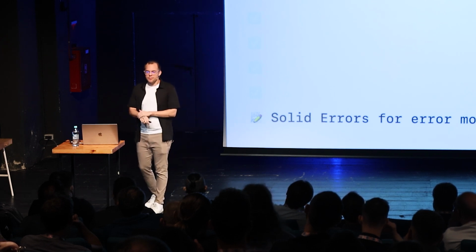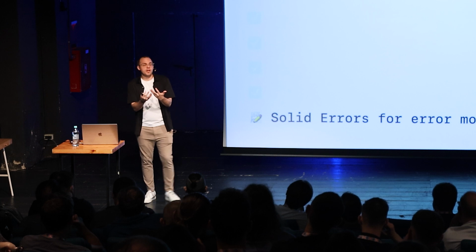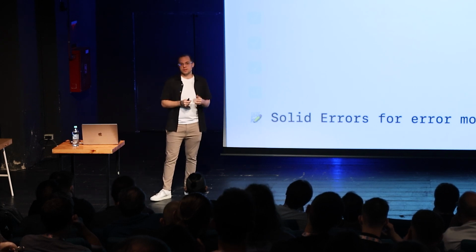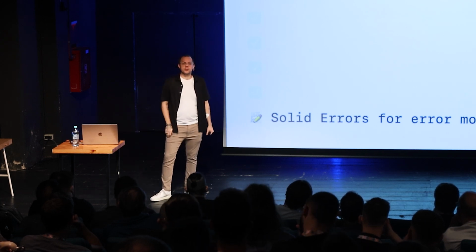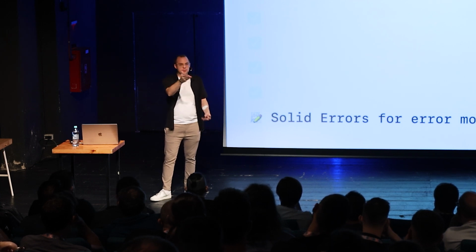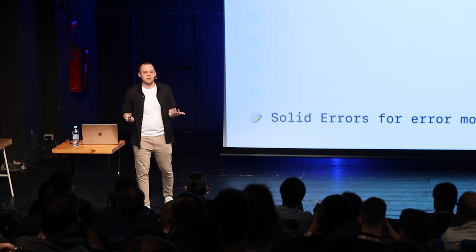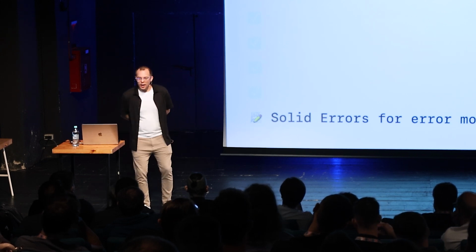And Solid Errors is the first gem that I built following that vision. So Rails provides us with an error subscriber. So I built an error subscriber that gets errors, writes them to a SQLite database, or any database. It's database agnostic like all of the Solid gems, but this is a SQLite talk, so screw Postgres.